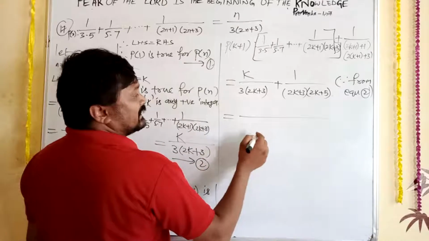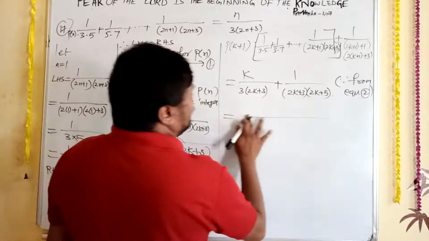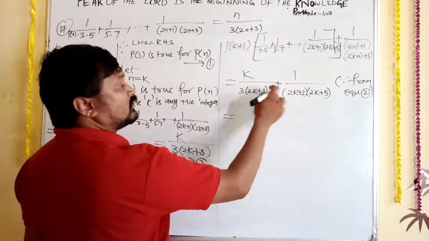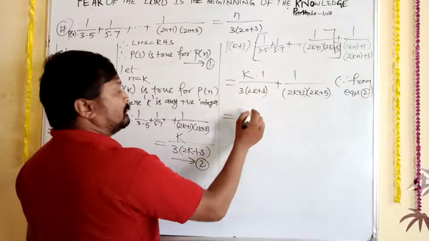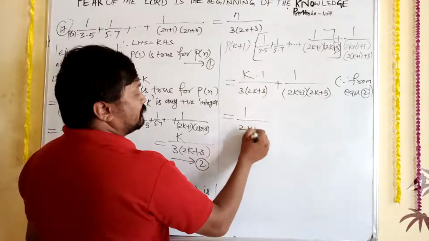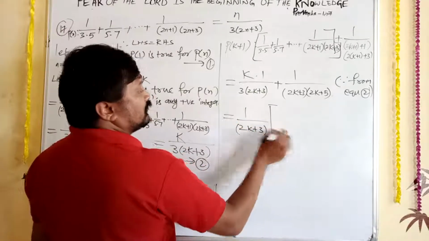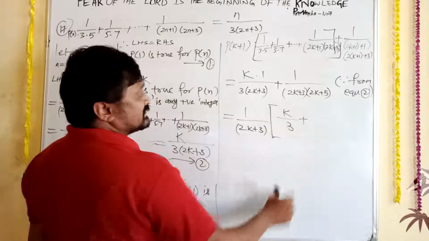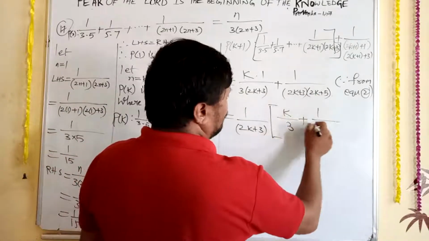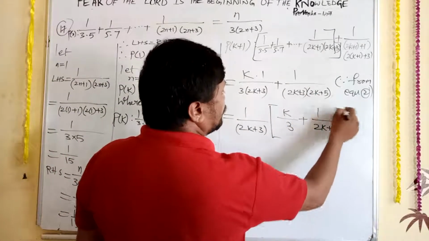In the LCM place, I won't take the LCM. What I'll do is take common 1 upon 2k plus 3. When you take it common, k upon 3 plus 1 upon 2k plus 5.